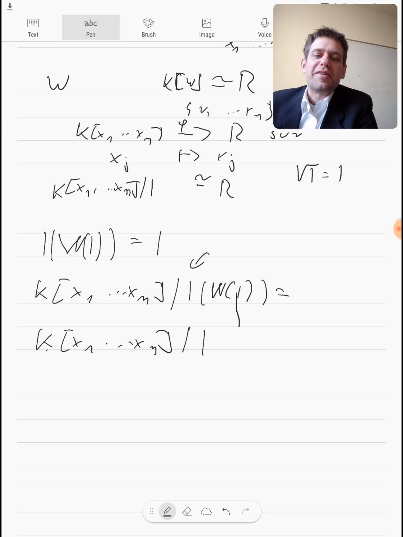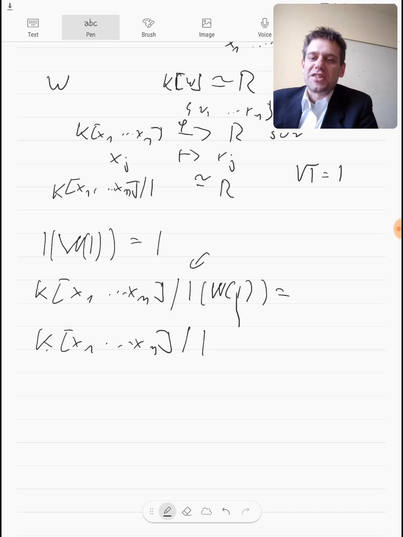So we have found a variety W such that k[x1,...,xn] divided by I is isomorphic to R, and this is what we wanted to show.